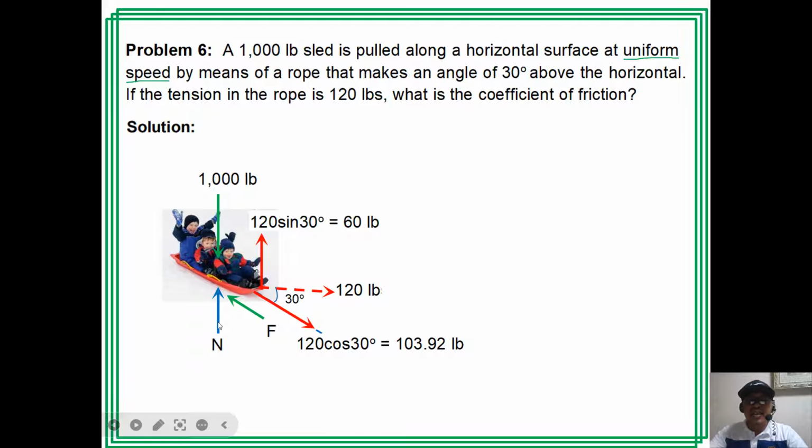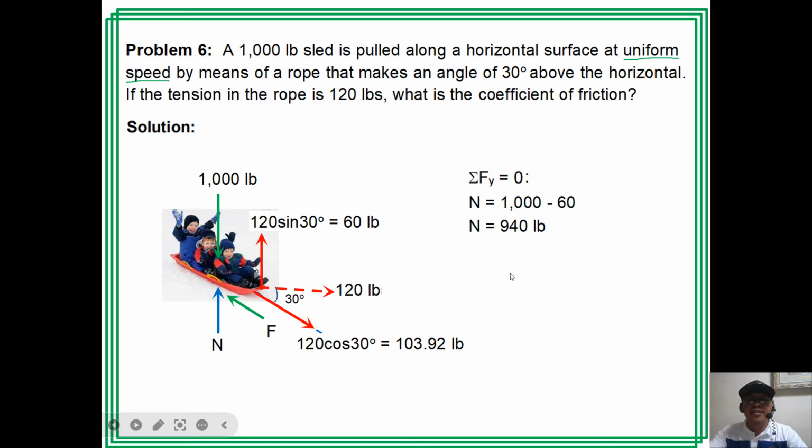So notice that your N is not equal to 1,000 because you have the component of the 120 pound force directed upward. So if you sum up forces along Y, N here is equal to 1,000 minus 60. Or we have N plus 60 equal to 1,000. So N here is 940 pounds.